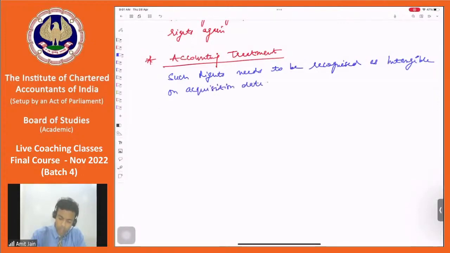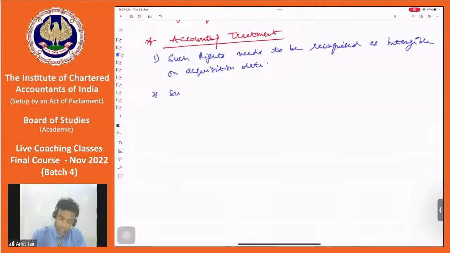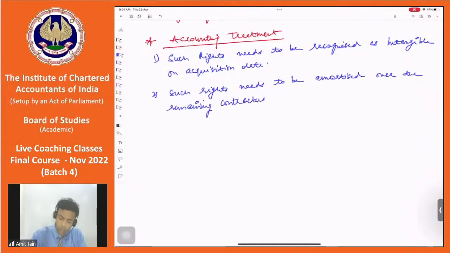And such intangible asset, such rights, need to be amortized over the remaining contractual period.